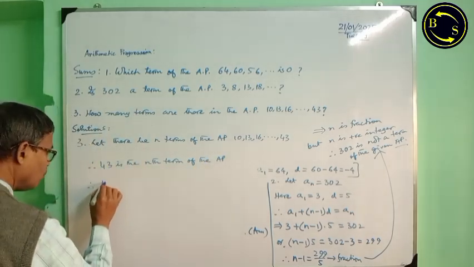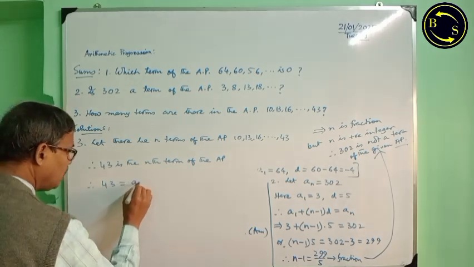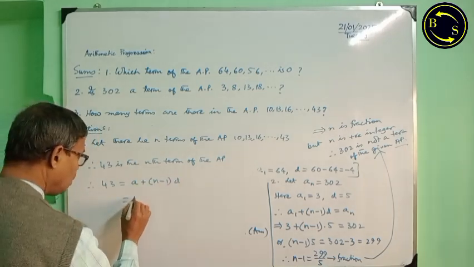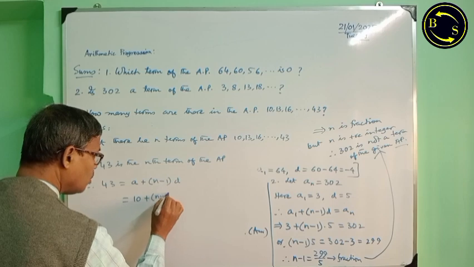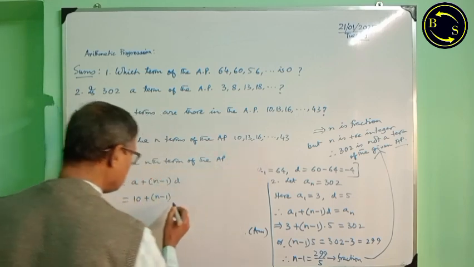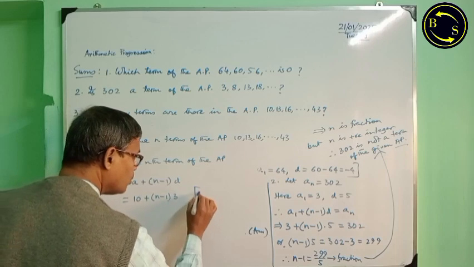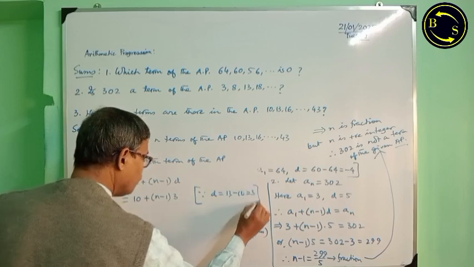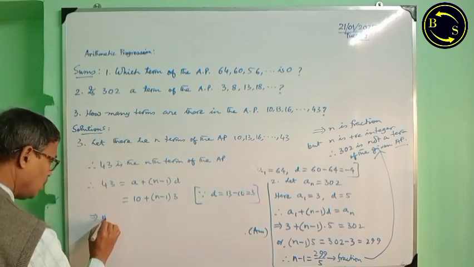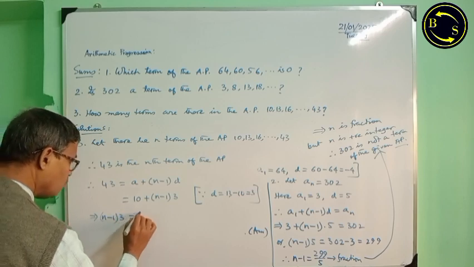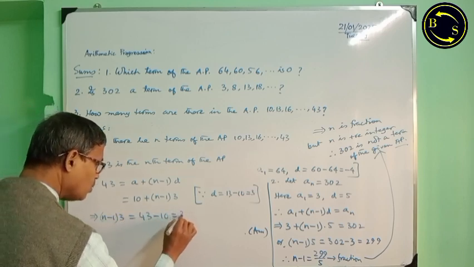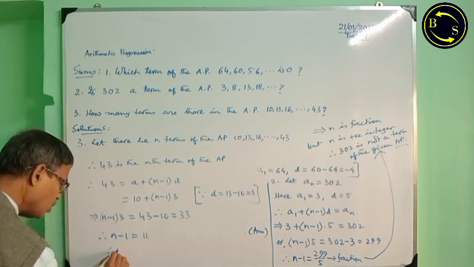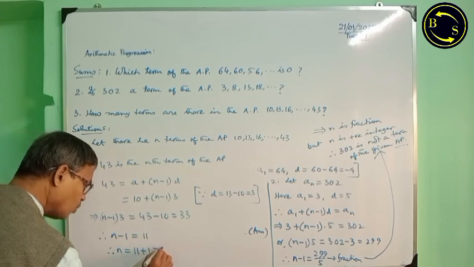Therefore, 43 equal to a plus n minus 1 whole into d. We put the value 10 plus n minus 1. Here the common difference is 3, since d equal to 13 minus 10 equal to 3. From that, n minus 1 whole into 3 is equal to 43 minus 10, 33. Therefore, n minus 1 equal to 11. Therefore, n equal to 11 plus 1 equal to 12.